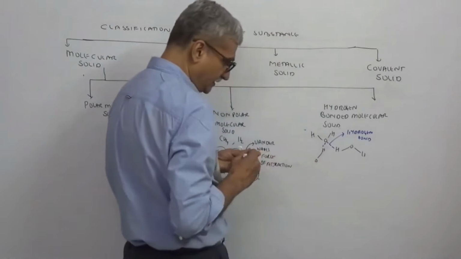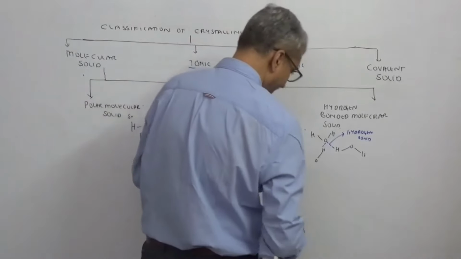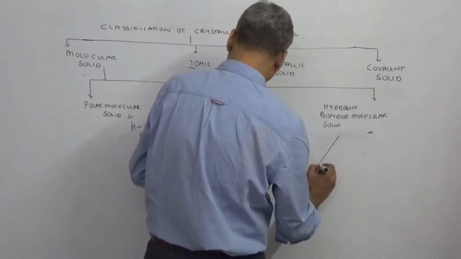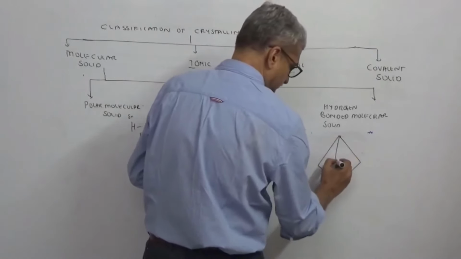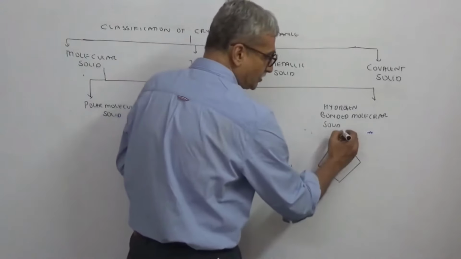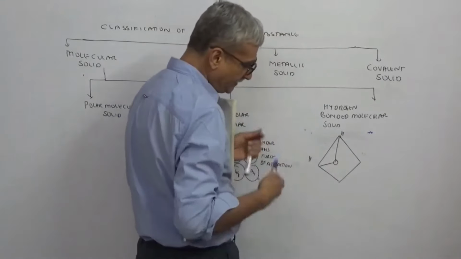One minute, I'll show the tetrahedral structure. So this is hydrogen covalently bonded, and this will be what?